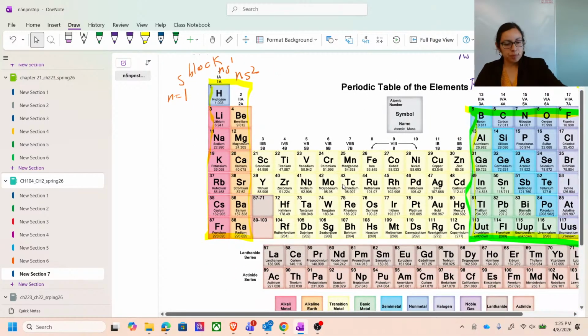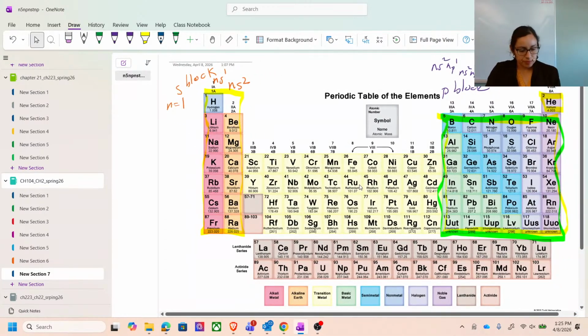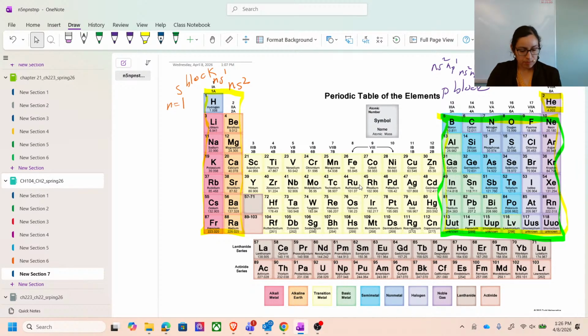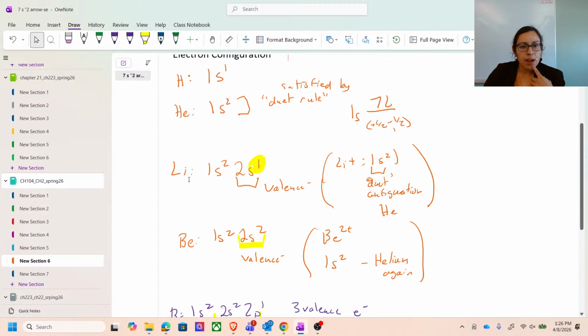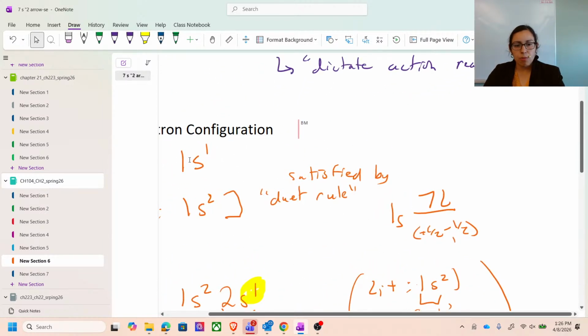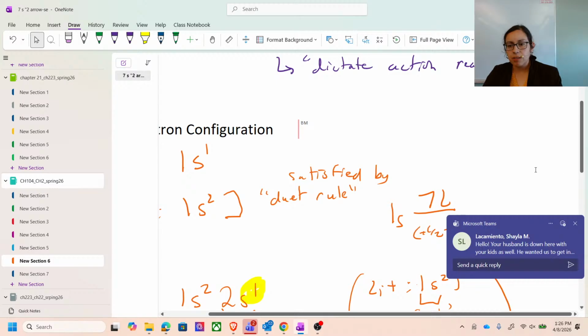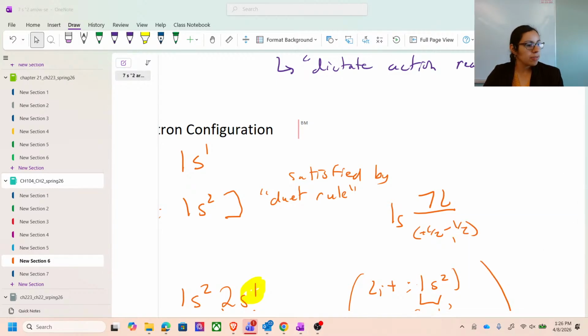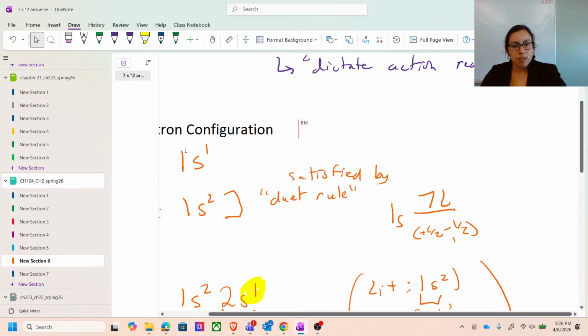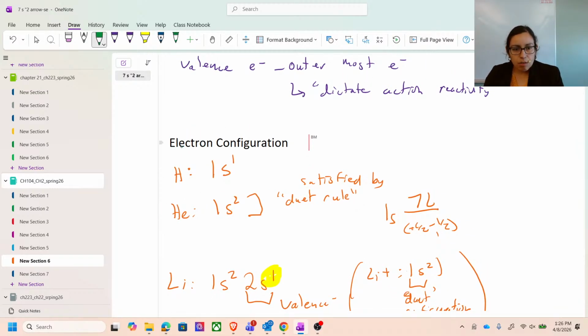And so let's look at this. If we look at our first row, again, we said that they have 1 valence electron. So if we look at hydrogen, we want to write this as our Lewis dot structure, and again, we want it to match.